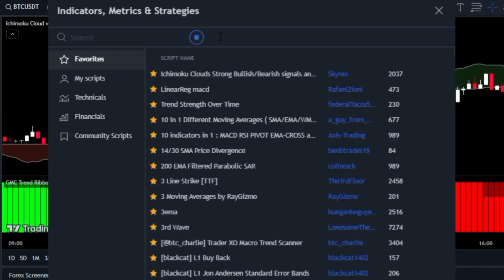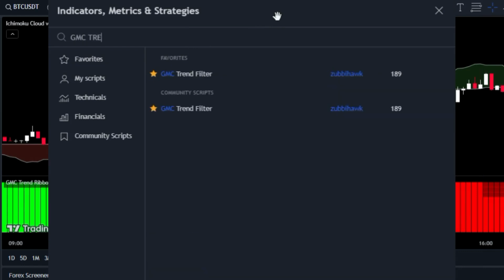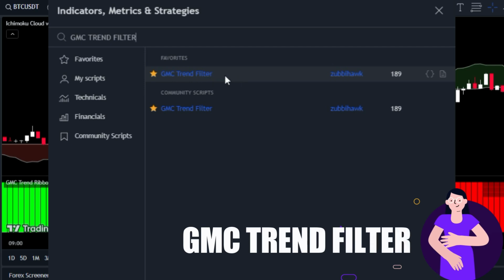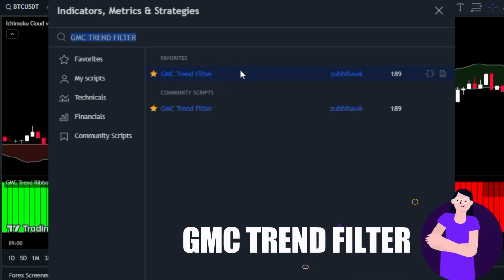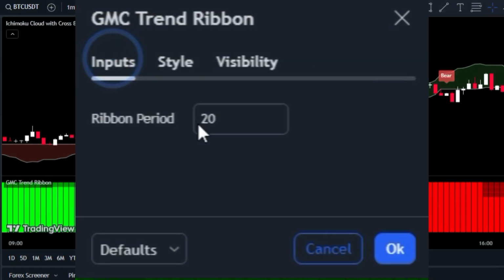In the next step, we need to add the GMC Trend ribbon indicator to our chart. Also, after adding it to the chart, we need to modify its settings in a way that harmonizes with the first indicator.